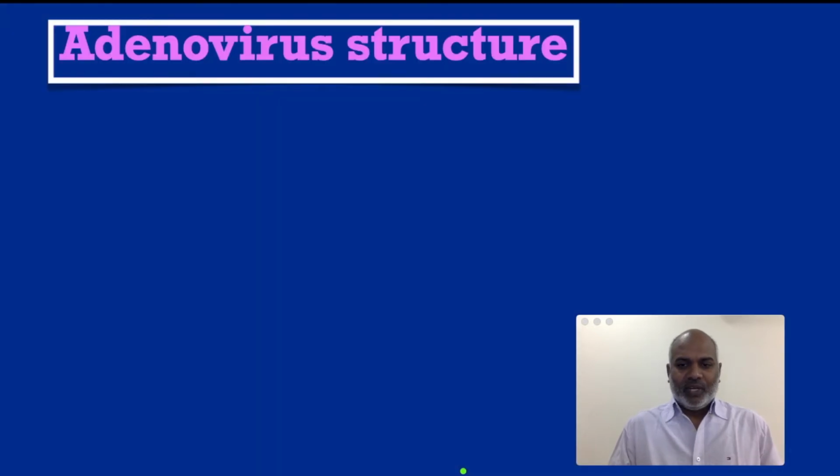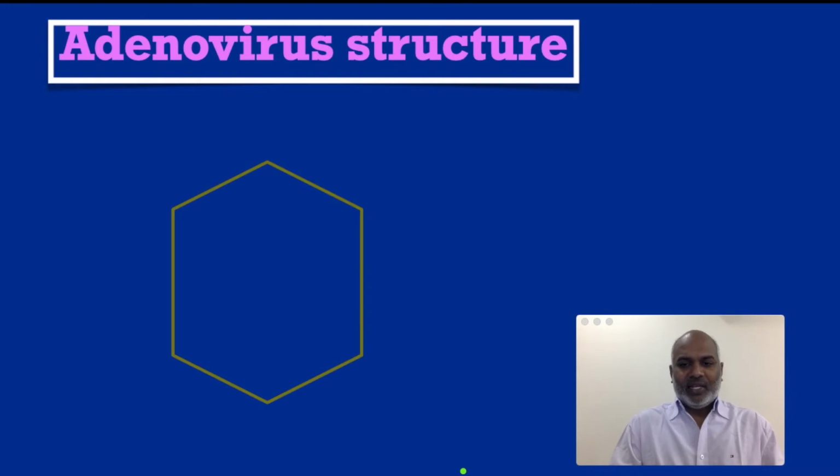What is the structure of adenovirus? We all know that adenovirus looks like a satellite-shaped structure. Basically, it is a hexagonal icosahedral structure, like the hexagon in the benzene structure.